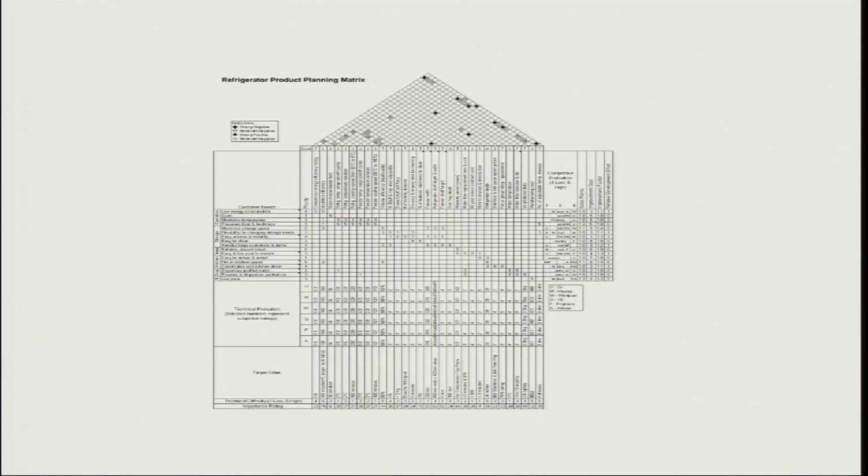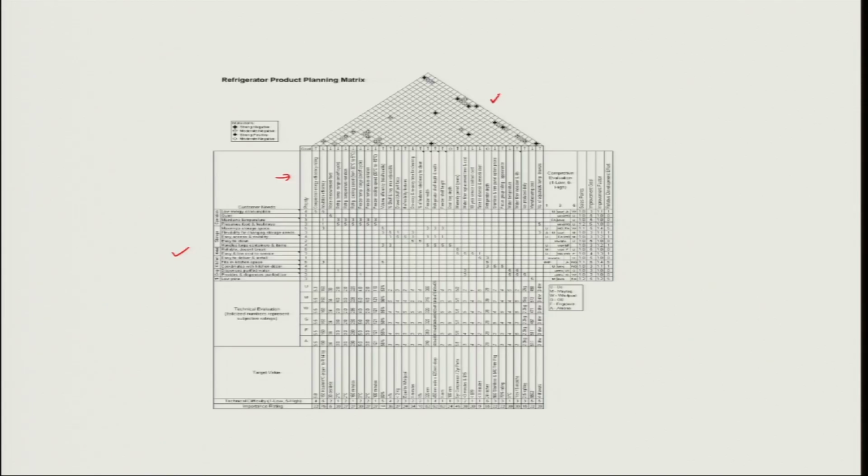This is a QFD for refrigerator product planning matrix taken from a certain book, and you will find that here we have a large number of customer expectations with respect to features, aesthetics, noise, and other customer requirements, and a large number of technical descriptors are also there in this case, belonging to cooling, hygiene and so many other aspects.